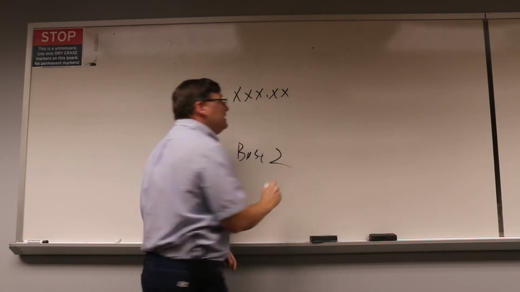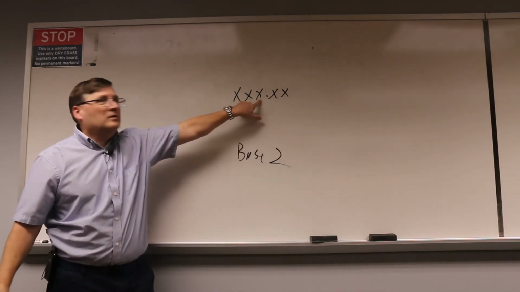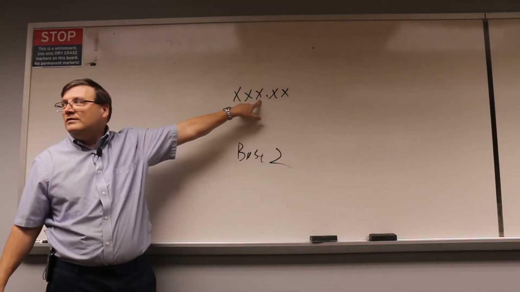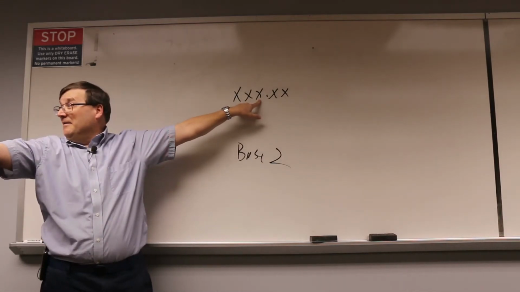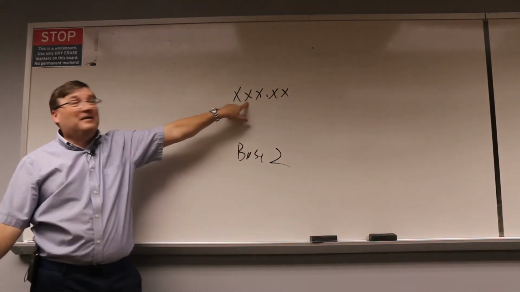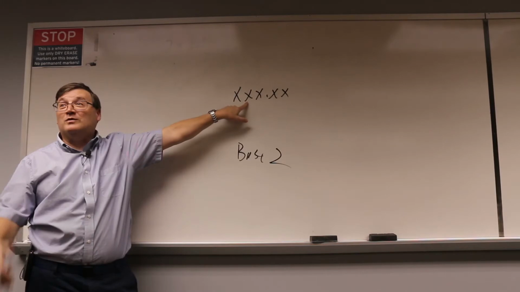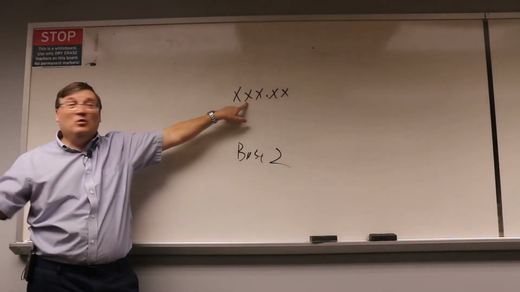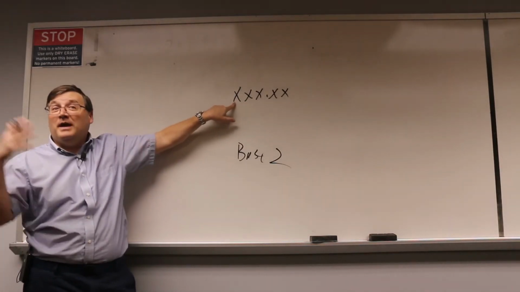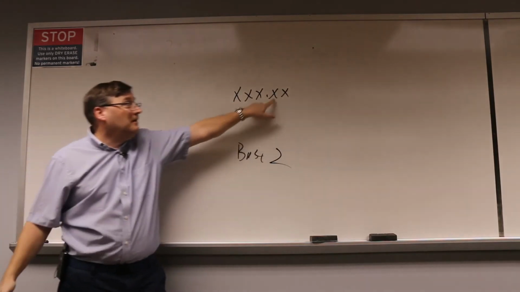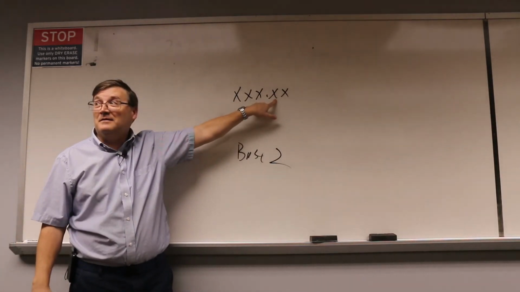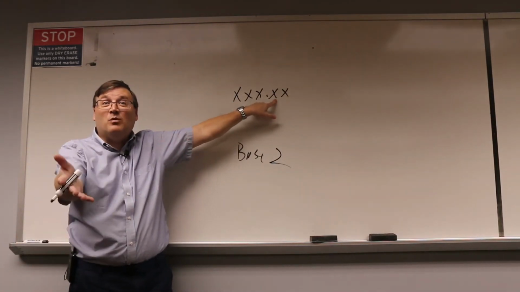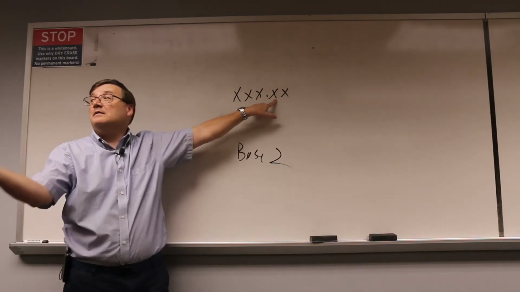If this was base 2, this would be 2 to the 0, which would be 1, right? That would be 2 to the first, which would be 2. And that would be 2 to the second, which would be? That would be 2 to the minus 1, which is equal to what?